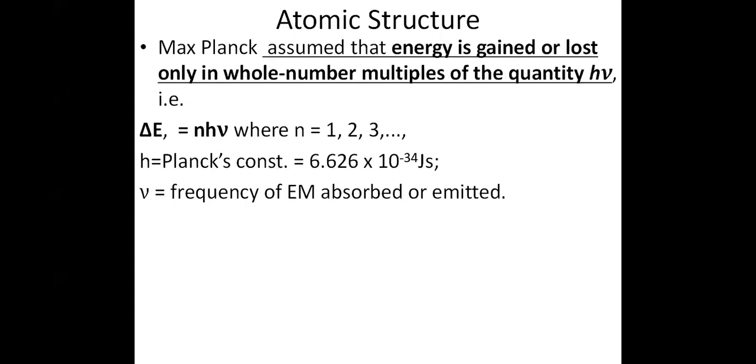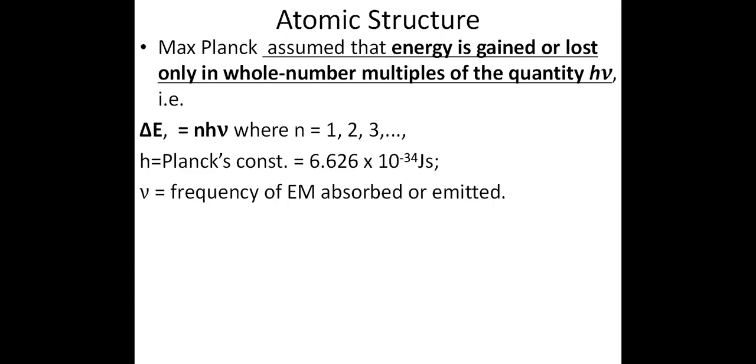Then Max Planck assumed that energy is gained or lost in whole numbers, whole number multiples of the quantity hv, which simply means that hv is increasing by whole numbers. So this whole number will be assumed to be n, and n will be multiplying with this hv.